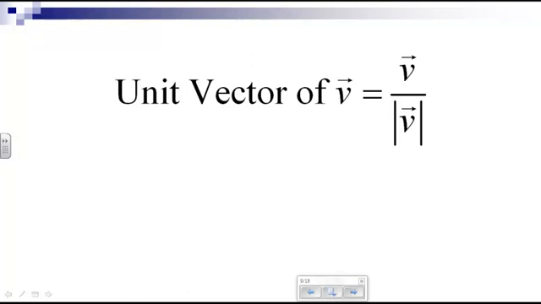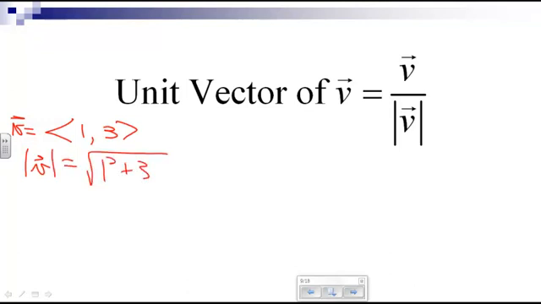The unit vector is found by taking the original vector and dividing by its magnitude. So, if we take a vector like 1, 3, let's call that our vector v. The magnitude of vector v is the square root of 1 squared plus 3 squared, or the square root of 1 plus 9, so its magnitude is the square root of 10.